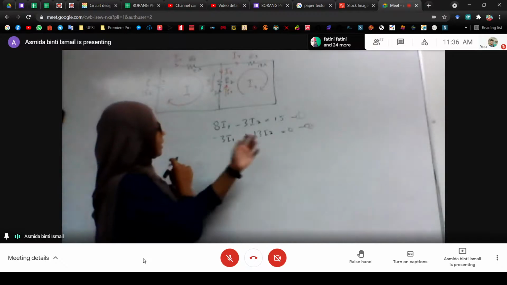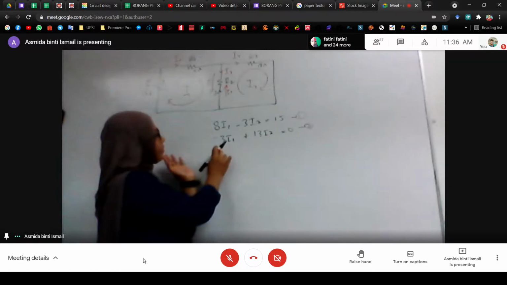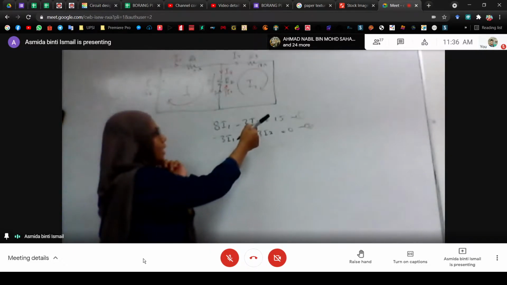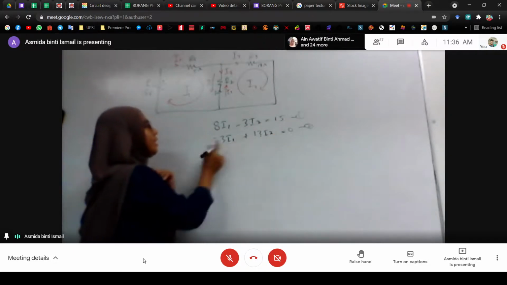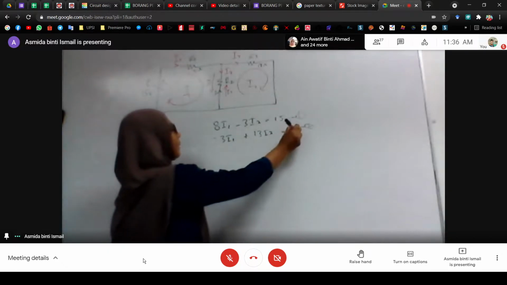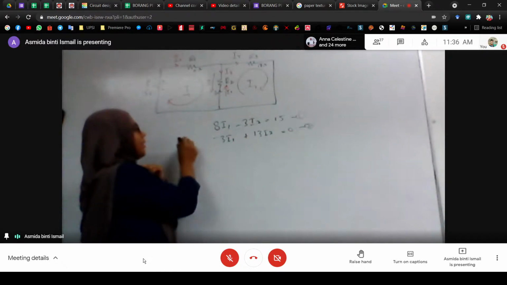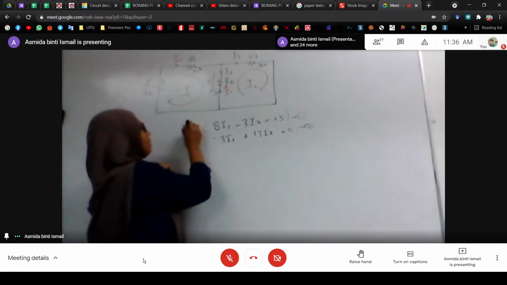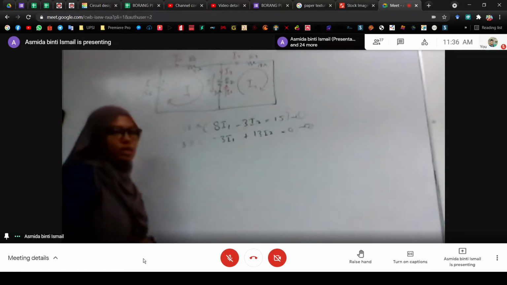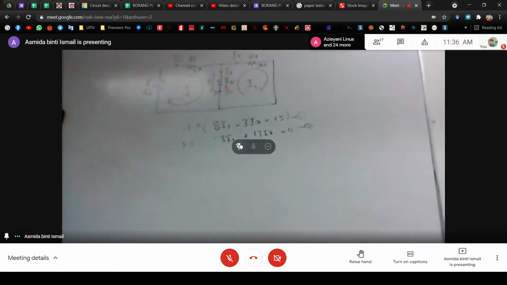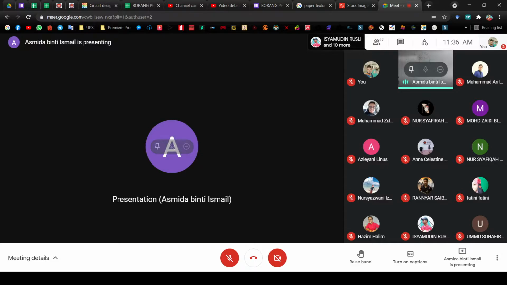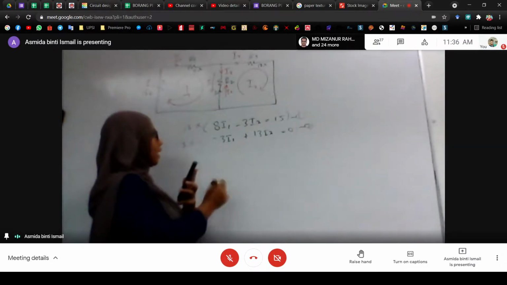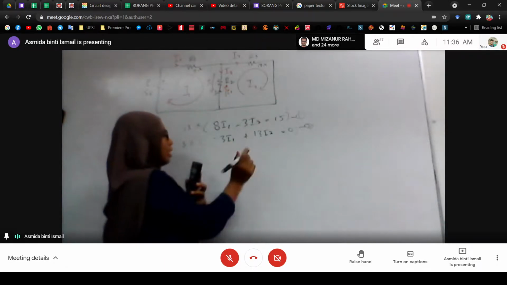Okay, you can eliminate. This equation, you times by 3, and this equation you times by 13. So we got this value. There are actually many ways, this is one way.